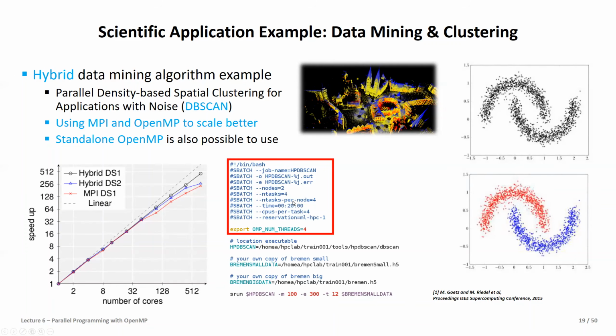The other motivation here is that you can obviously use this with MPI alone. That's what I showed you last time in practical lecture 5.1. But you can also specify within the job script the number of threads, and then you also have to allocate on the nodes the number of tasks you want per node.